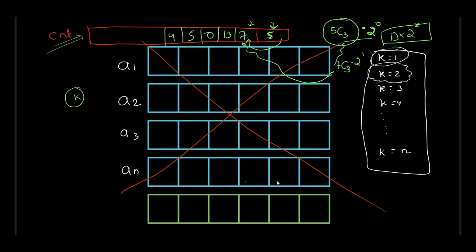In the previous problem, I told you to compute the answer for k equal to 1, k equal to 2, k equal to 3, and so on. And you concluded that the answer only depends on the count of set bits for each bit position.